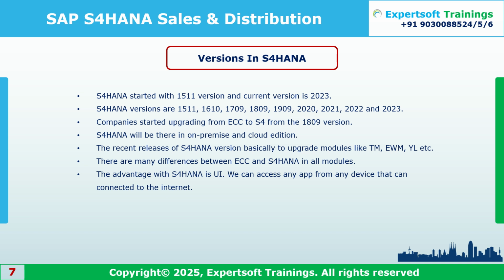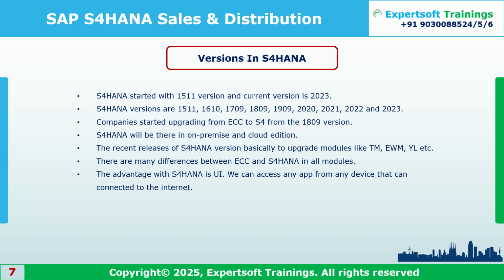Okay, and SAP is releasing versions every year. Till 2023, SAP has released the versions. And when it comes to version upgrades, starting from 2019 to 2020, in core modules which exist from the beginning, like your SD, MM, PP, FICO, there are not many changes.